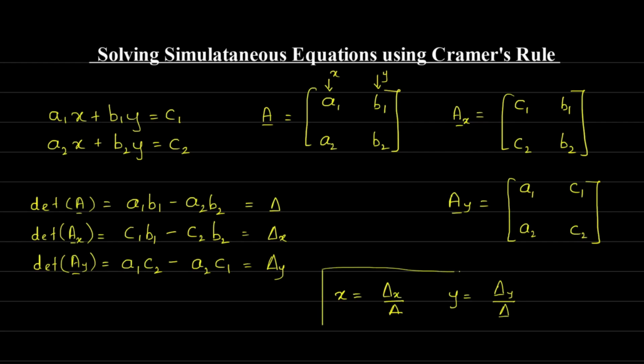So for any system of equations, this solution holds true, and therefore this is a very powerful concept because Cramer's rule can be used to solve even larger systems of equations.